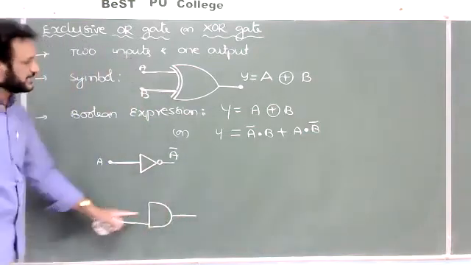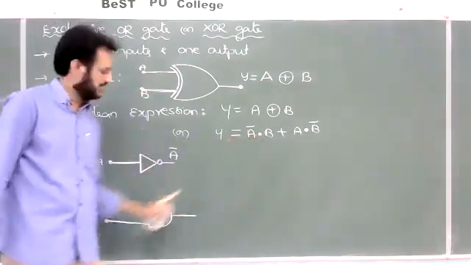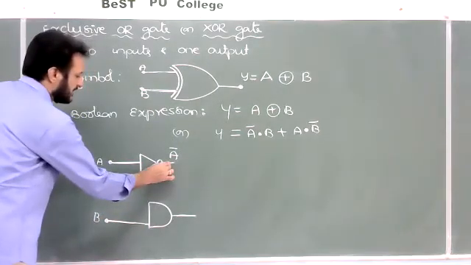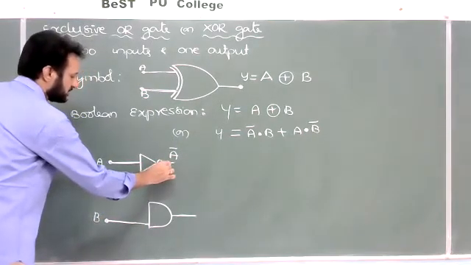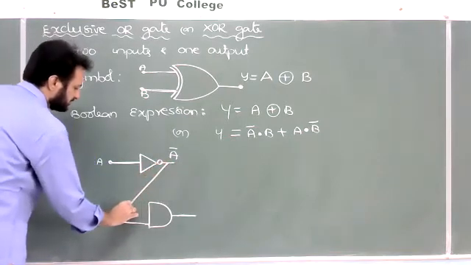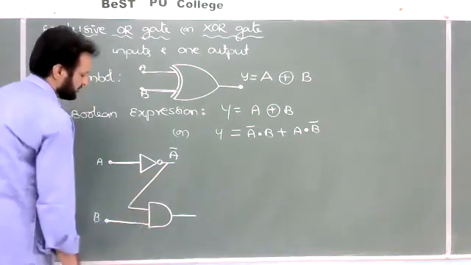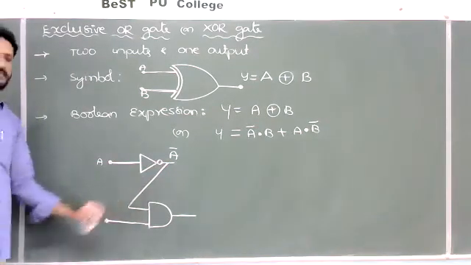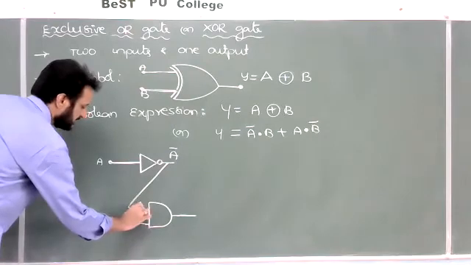Here B is already given to this one, but what is still required? Nothing but A complement is required. So I'll connect this one to here. Check here, it is B, but this will be connected here, meaning A complement. So it is B, and this will be A complement.